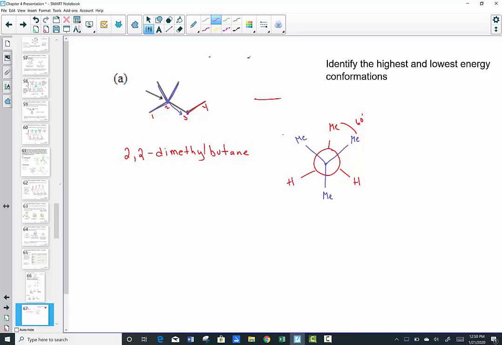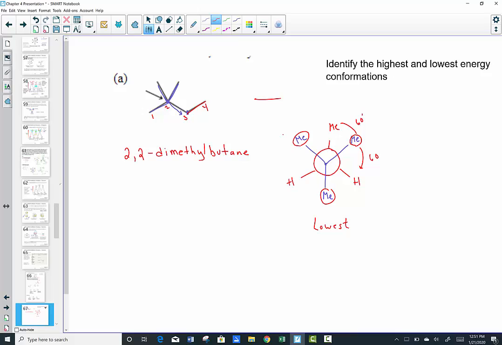I don't think I can satisfy that if I start twisting, because notice these are all the same group. So as I twist 60 degrees, I keep creating the same structure for every second twist, right? Every 120, I've created the same molecule. So this is the lowest energy possible.